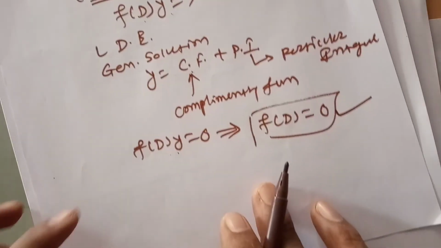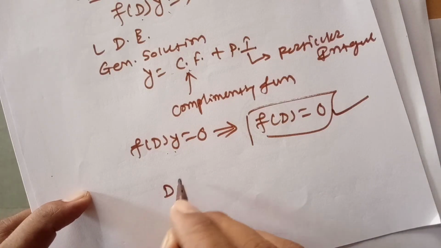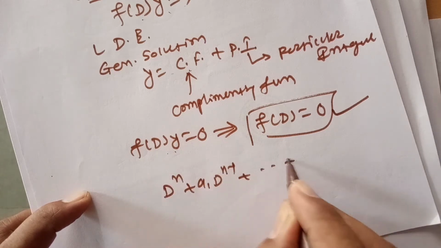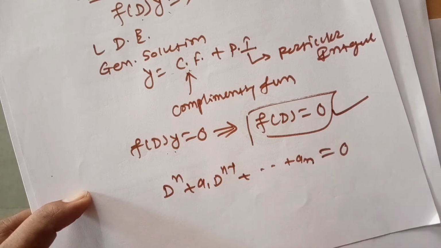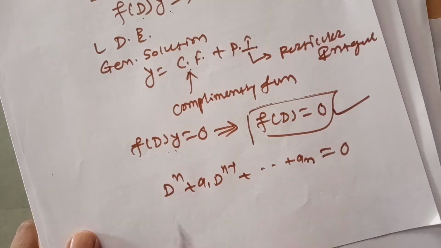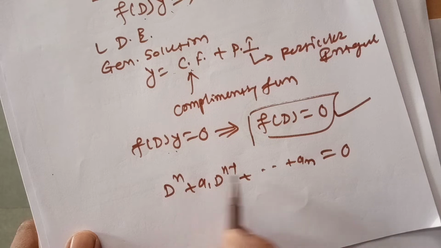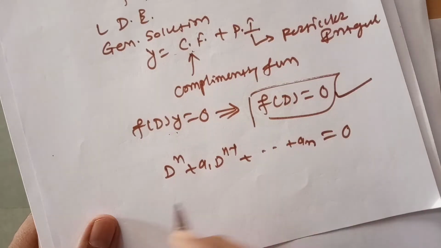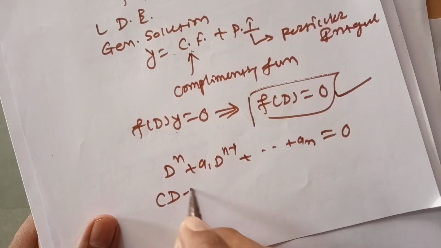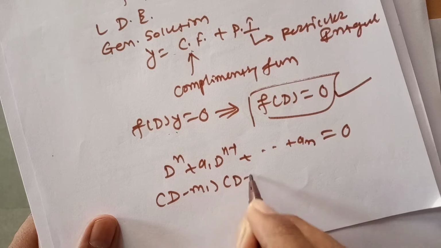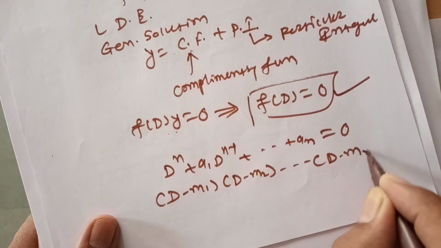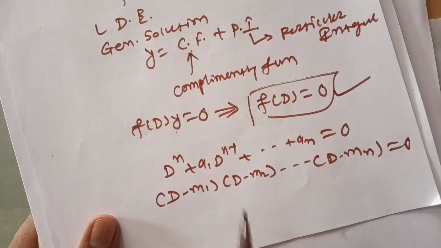I will rewrite this polynomial as D^n + a1 D^(n-1) + and so on + an = 0. This is a polynomial in terms of D of degree n. Therefore, surely this polynomial has n roots, or I can write its factors as (D - m1)(D - m2) and so on (D - mn) = 0.